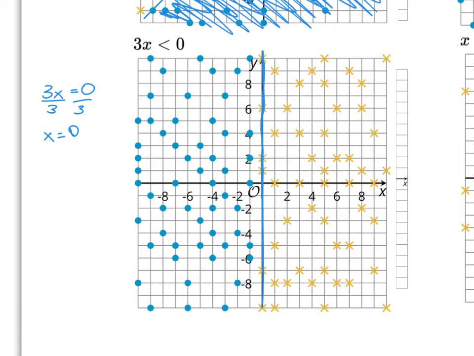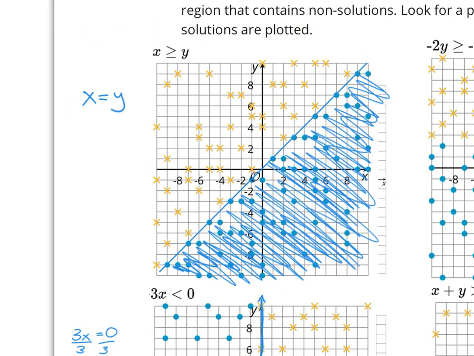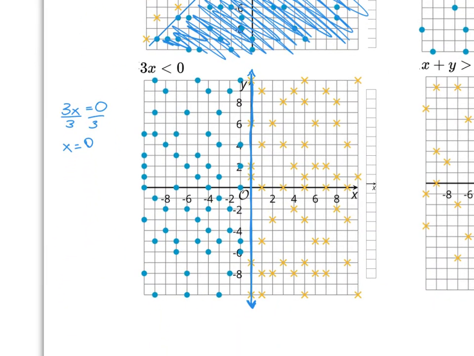But notice some of the points that are not solutions fall on this line. When we graphed the other inequality and drew the line, the solutions did fall on the line, and that was okay. But now there are points that are not solutions falling on the line. So we have to have a way to indicate whether or not these are solutions, right?